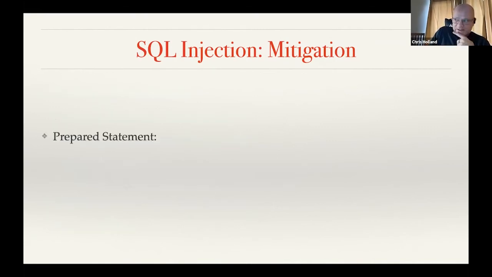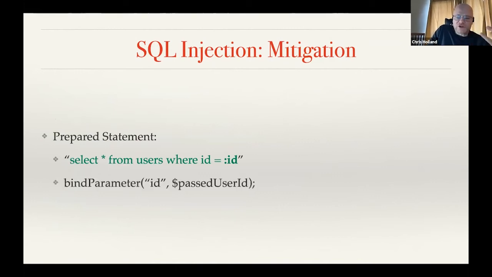So a prepared statement is pretty simple. I showed you an example earlier. And whichever language you happen to work with, there's going to be a function or a method that you can use to bind the variable named ID, :ID, to an actual value.